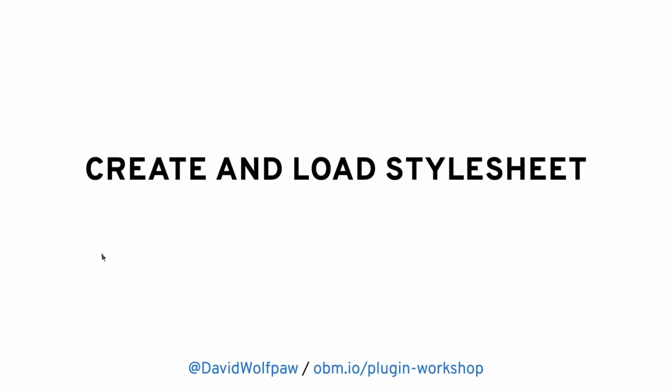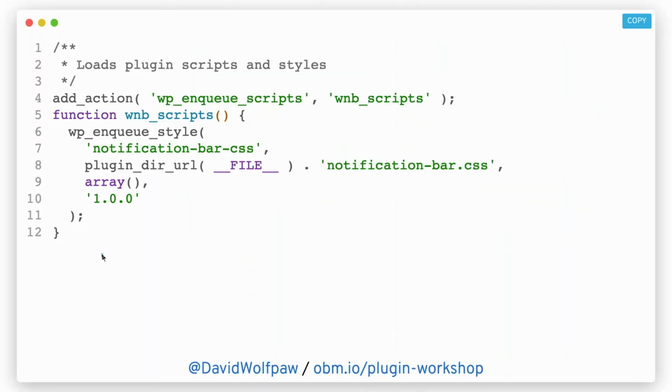We need to create and then load a style sheet for this plugin. The WP enqueue scripts hook is built into WordPress. We're going to add our own function, and then we're going to use WP enqueue style. That is another built-in function. We're going to supply a slug. This is just how we're going to reference that style sheet.